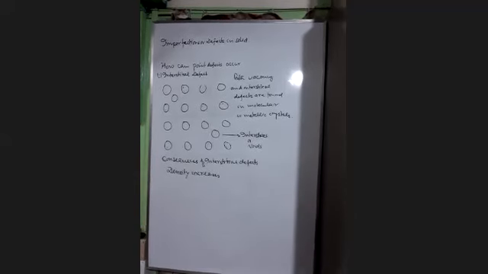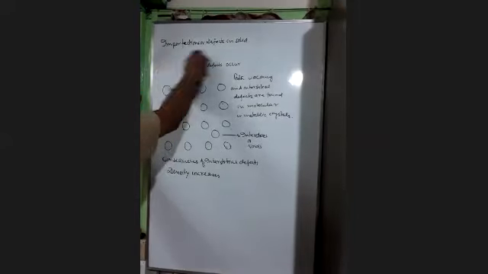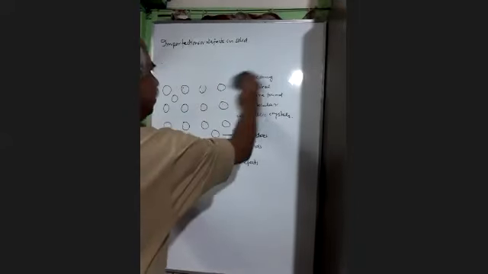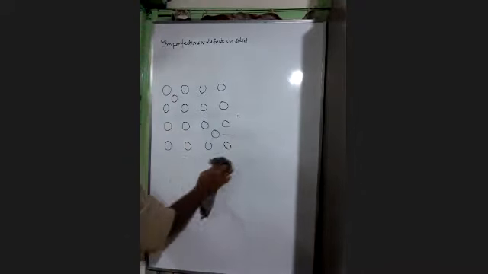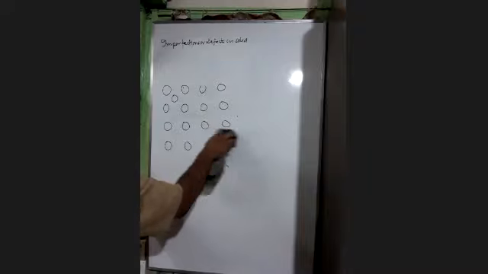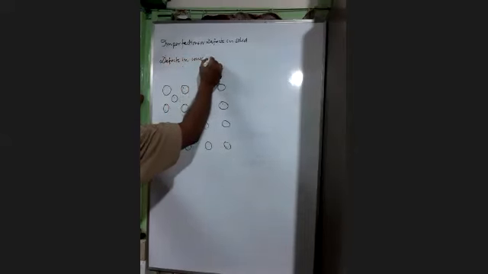Done. So now we'll go for ionic crystals. These are very simple. Defects in ionic crystals.